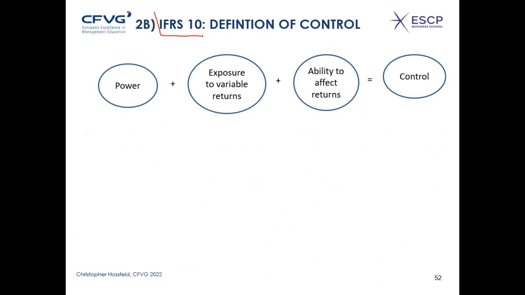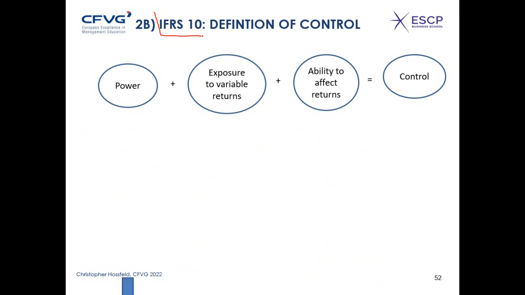If those three elements are met, then yes, we do control a company. And once again, you see here, owning shares is not really mentioned. And as we will see later, there are situations where you can control another company and you are not a shareholder at all. You have zero shares, zero voting rights. That's also possible.